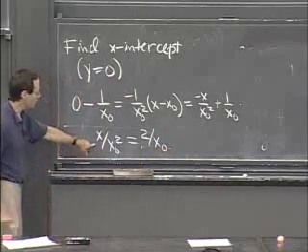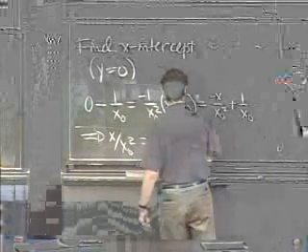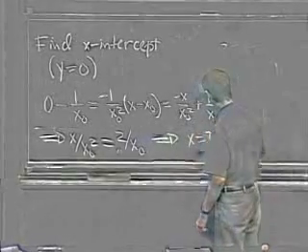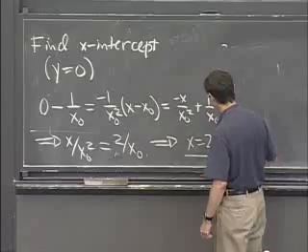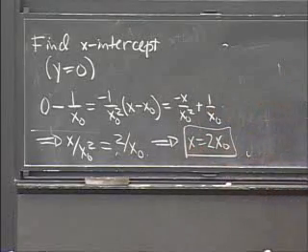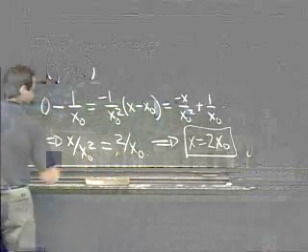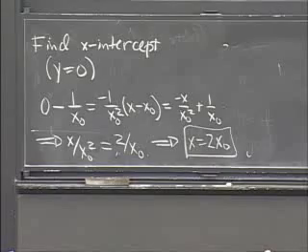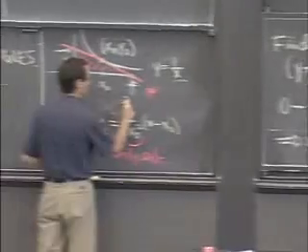And if I then multiply through, so that's what this implies, and if I multiply through by x0 squared, I get x is equal to 2x0. Okay. Okay, so I claim that this point we've just calculated, it's 2x0.